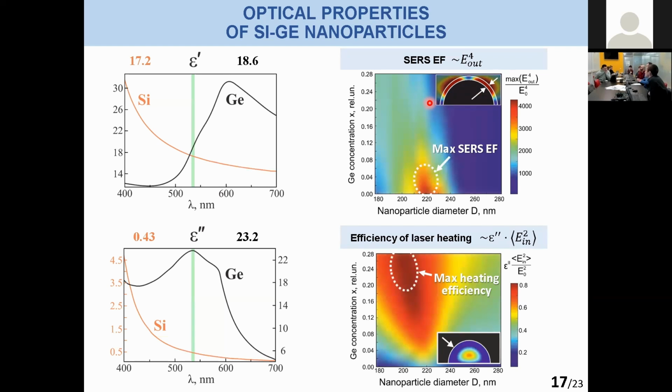And there is no gold, right? So it's just silicon germanium. But you still have quite a strong field enhancement there. Yes, not very big, but just enough to have great enhancement factors.